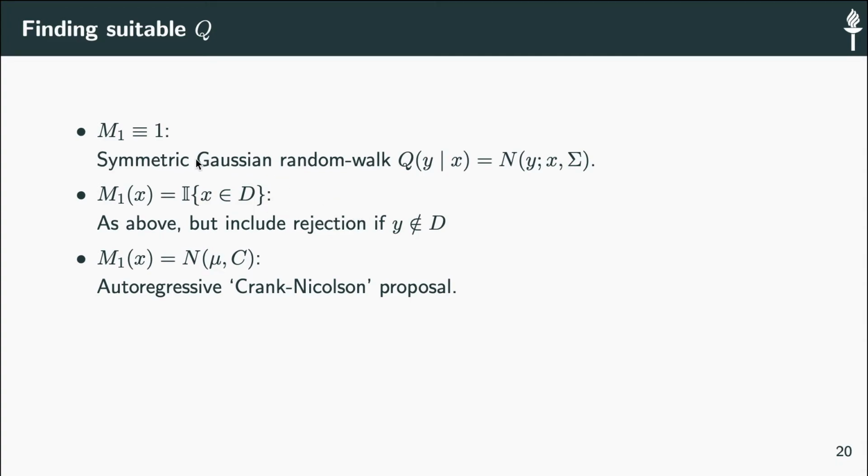Then you can modify the symmetric random walk just by including rejection. If you draw a state that falls outside the domain, you actually don't move at all, or the point will be the previous reference point. And then in the normal case, we could use an autoregressive Crank-Nicolson type proposal.